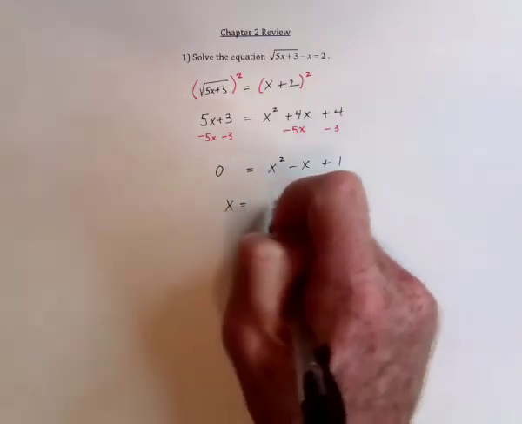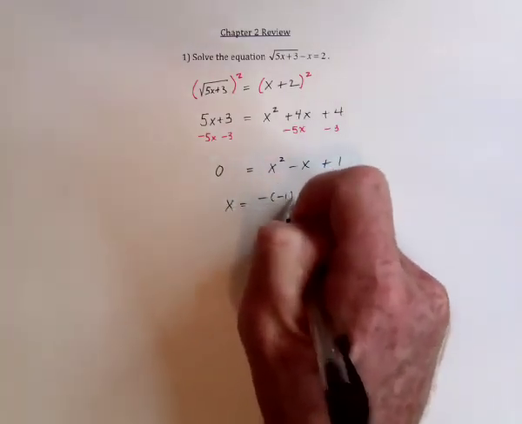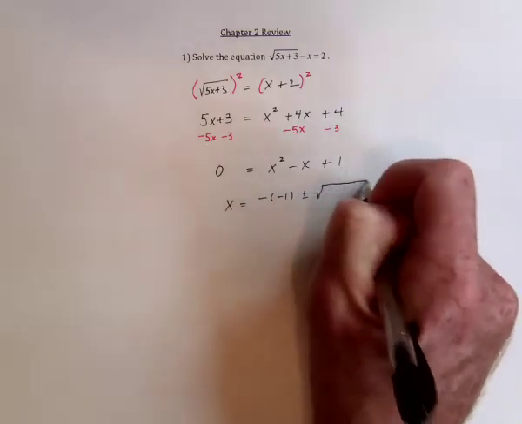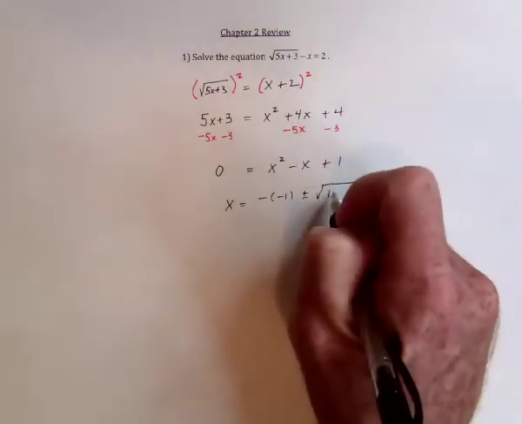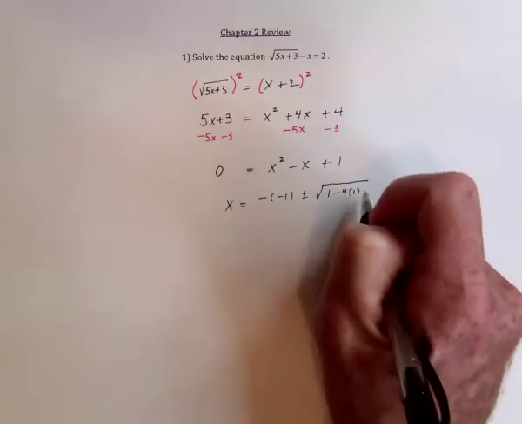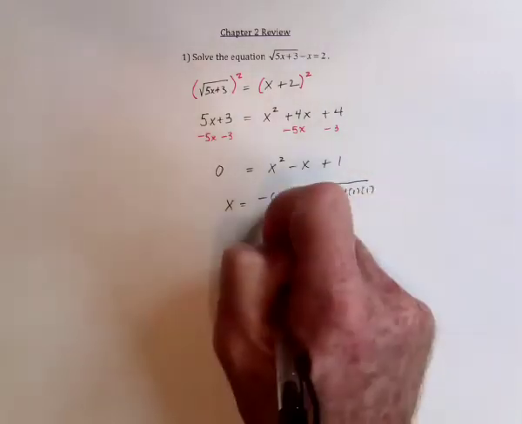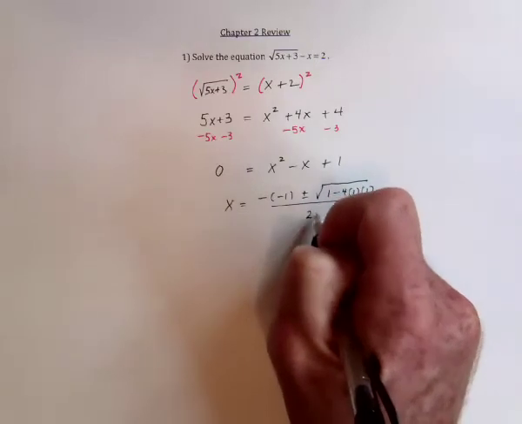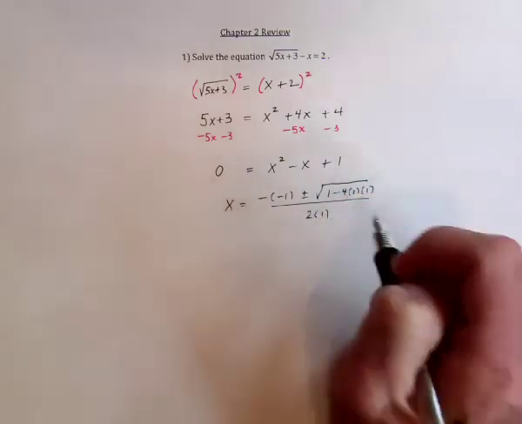x is equal to negative b plus or minus the square root of that negative 1 squared will be positive 1 minus 4 times a times c. And then it's all divided by 2 times a.